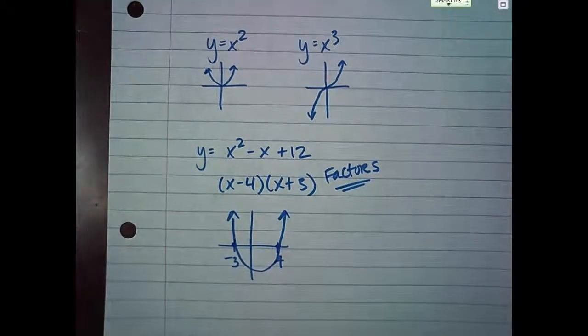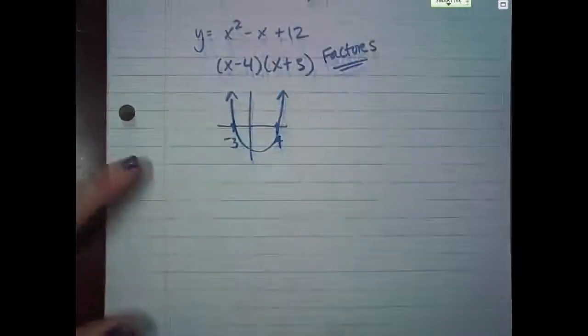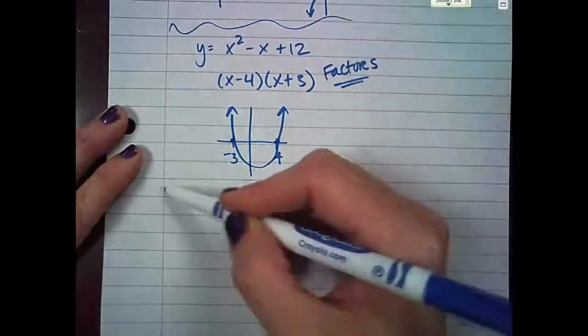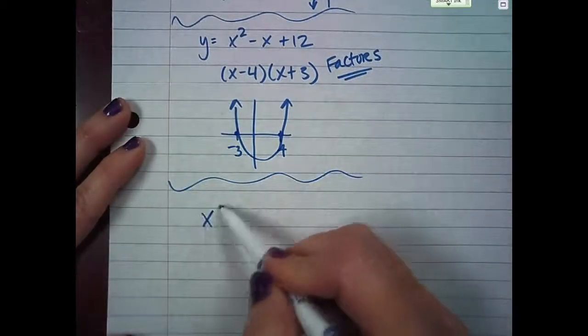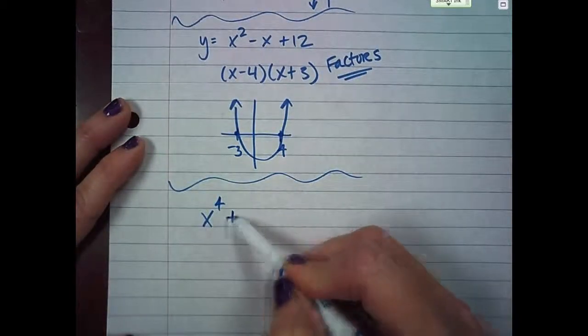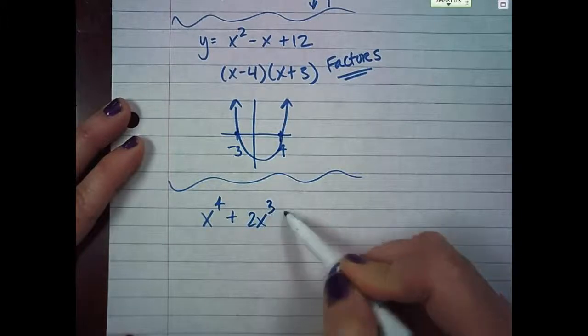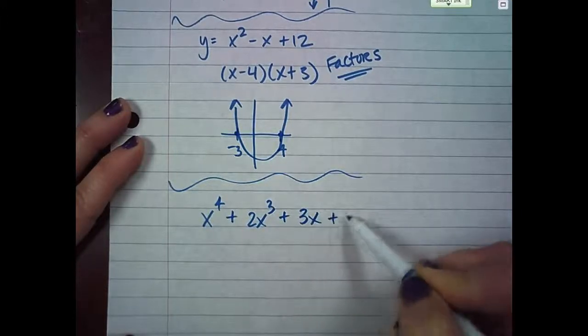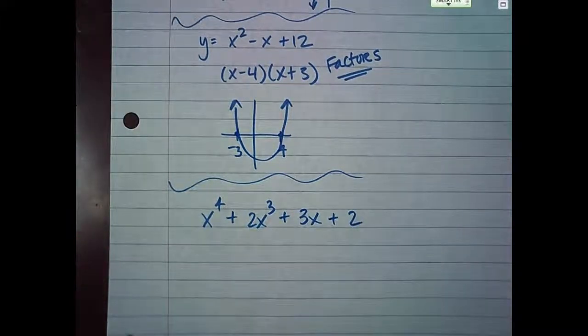Alright? Today we're going to graph polynomials. And I'm going to just make this up just because I was just trying to show you something. In other words, if you have x to the 4 plus 2x cubed plus 3x plus 2, and you could come up with all the factors.